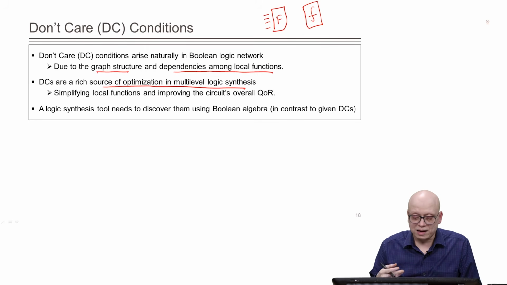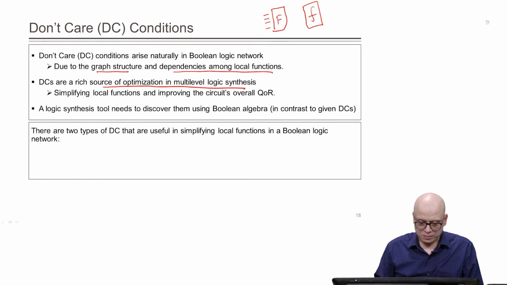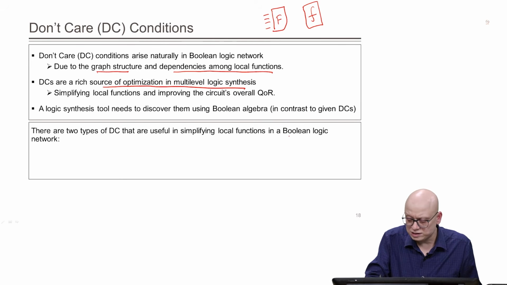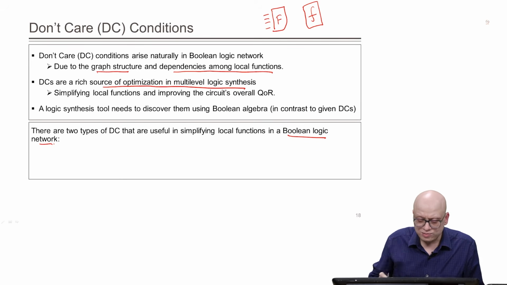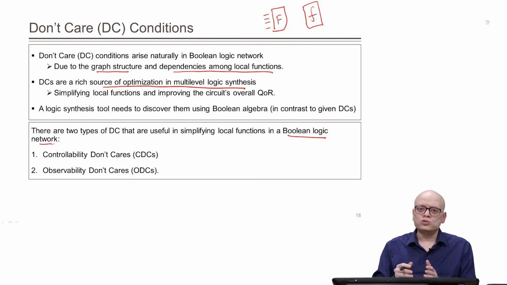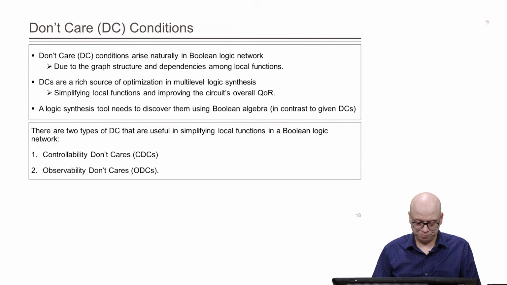So, we will see how they can be discovered. There are two types of don't care conditions that are useful in simplifying logic functions in a Boolean logic network: controllability don't cares and observability don't cares. We will look into both of them one by one.